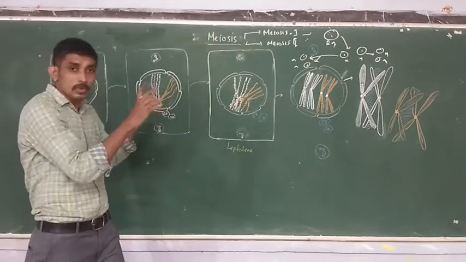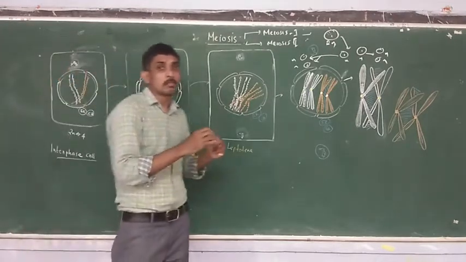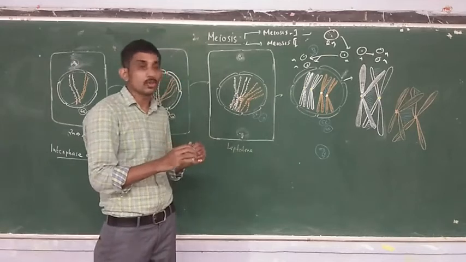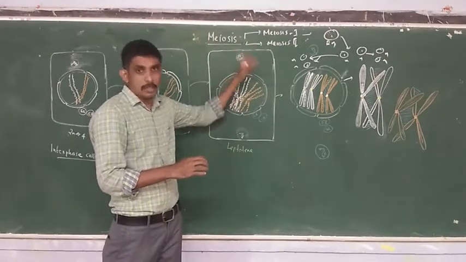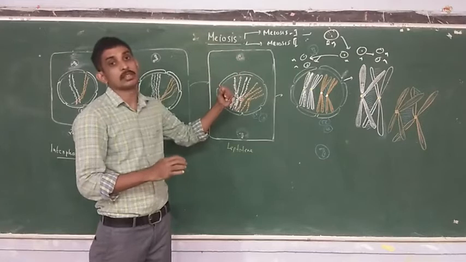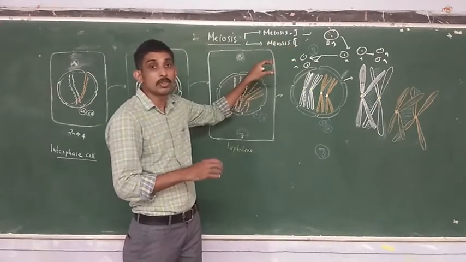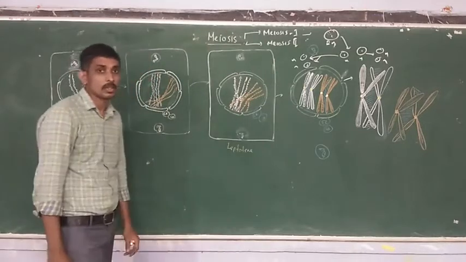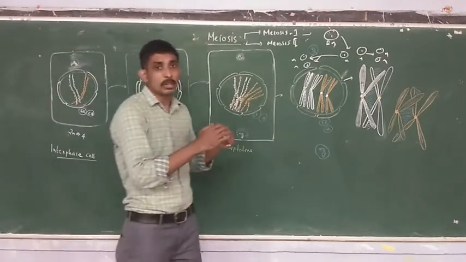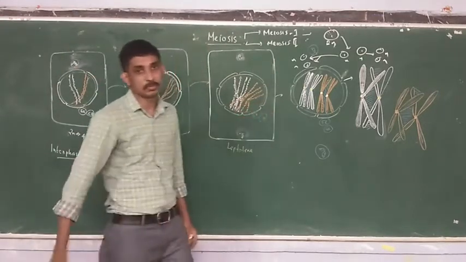The process of meiosis is broadly classified into 2 stages. One is called meiosis 1 and the second one is called meiosis 2. Now let us move into the process of meiosis 1.